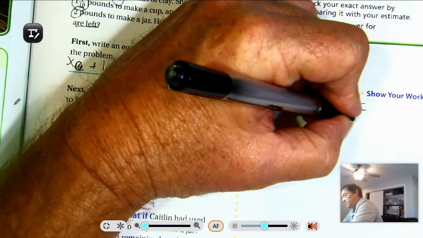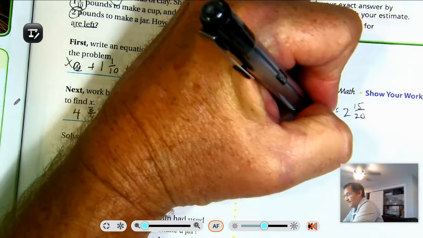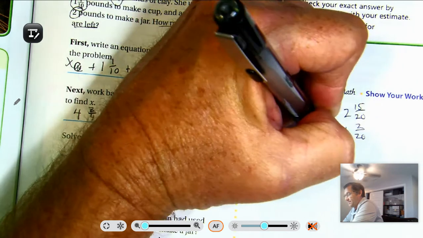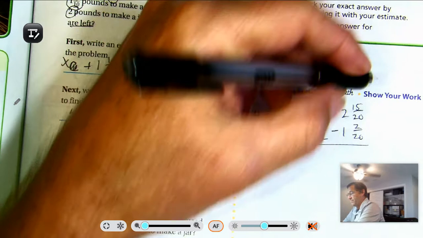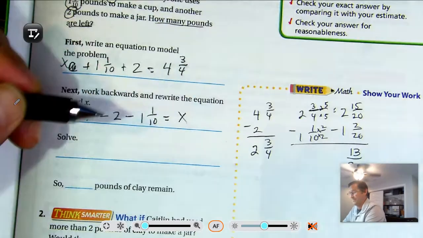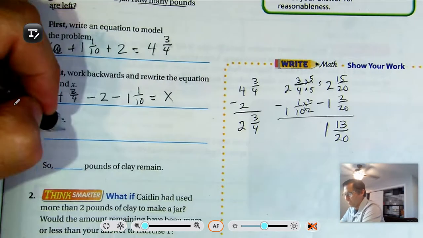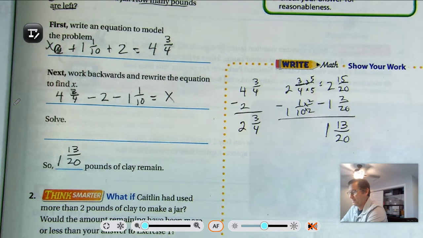So we have 2 and 15 20ths. Subtract 1 and 2 20ths. All right, well, 15 take away 2 is 13 20ths. And 2 take away 1 is 1. So she has 1 and 13 20ths left.